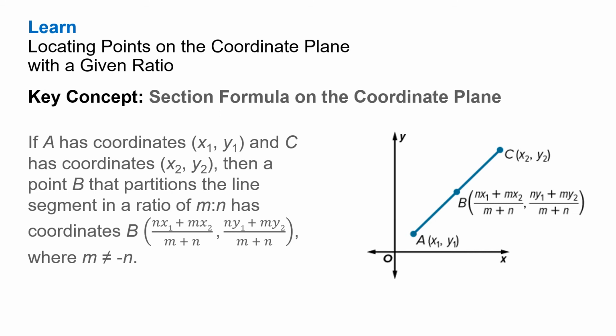In mathematics, we're often working with line segments that are on the coordinate plane. So here is how you find a point that partitions a line segment that is on the coordinate plane.